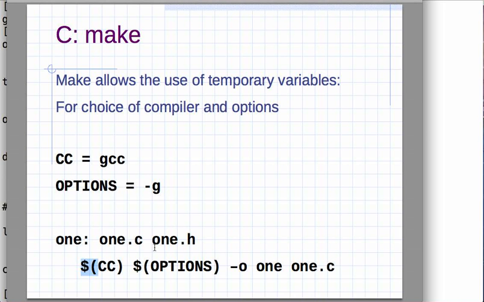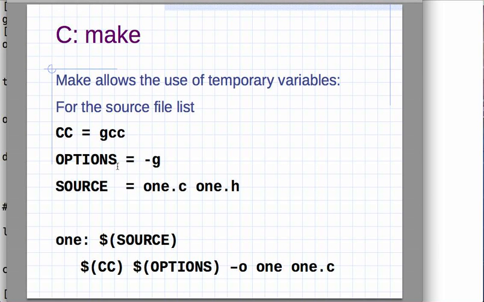For a single file, maybe if you're just compiling one file, it's not that important, but if you have hundreds of files and you want multiple options, say you use the C compiler and then the C++ compiler in some cases, then it might come in handy. And you will see this in Eclipse. If you look at Makefiles in Eclipse, you will see this kind of structure.